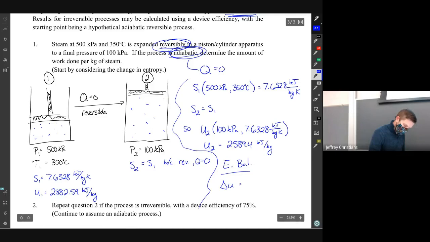is delta U equals Q minus W. Q was equal to 0 because we were told.